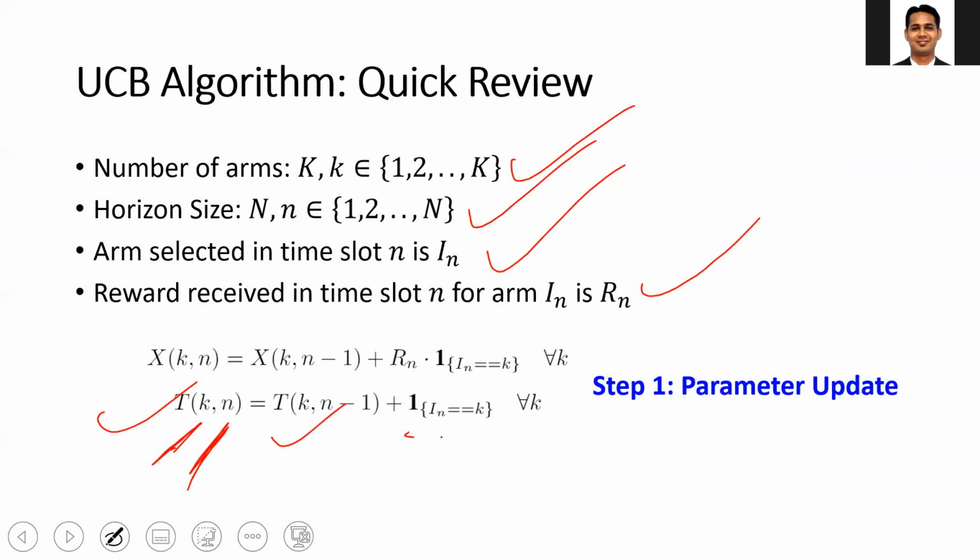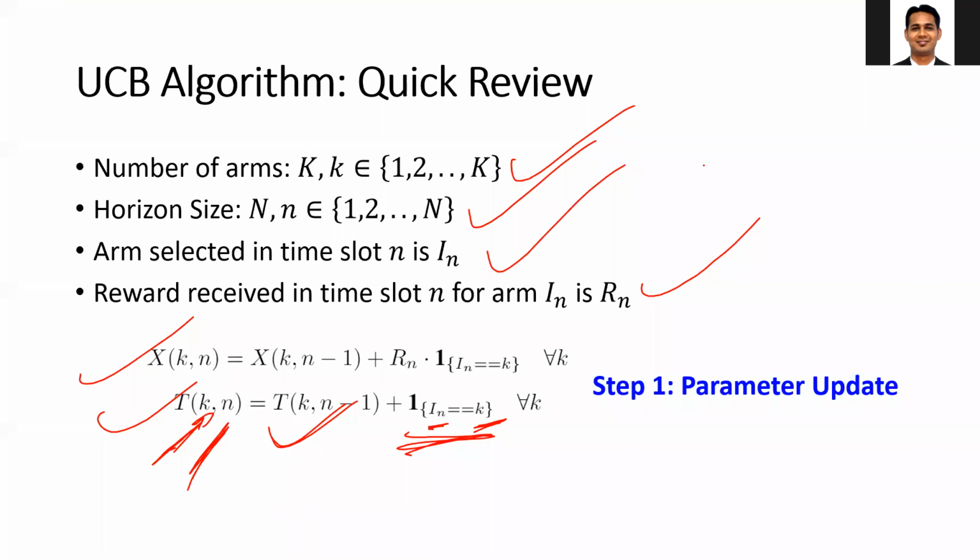If I have not selected it, I'll keep it at the original value. So this is an indicator function. When the selected arm is equal to k, that is this one, I'm going to increment this factor by 1, else I'm going to keep it as is. And once I select that arm, if my reward is 1, I'll increment the corresponding x_k. If my reward is 0, it will remain as before. If the reward is 1, it will increment by the corresponding reward value.